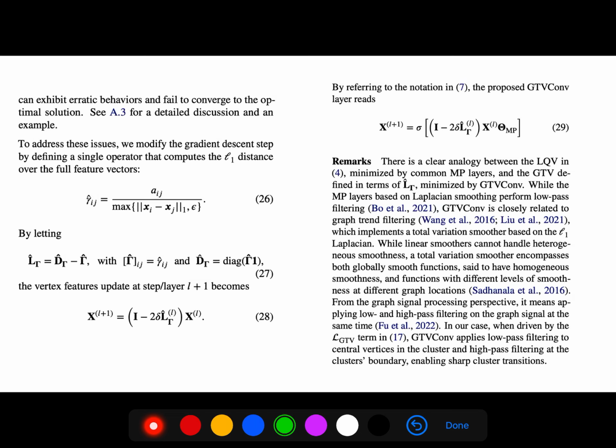By referring to the notation 7, the proposed graph total variation convolution is just this. This is the update equation. And L sub t is just this one.